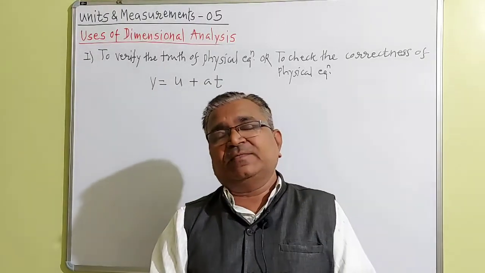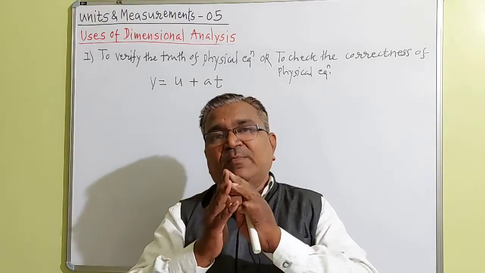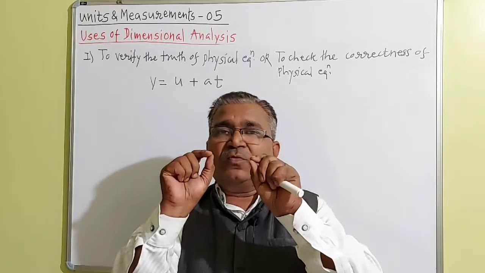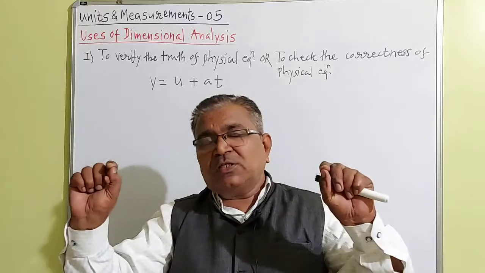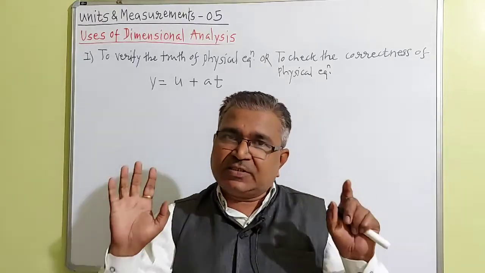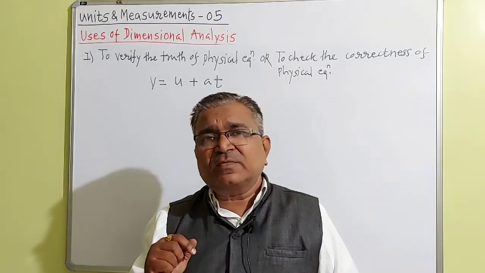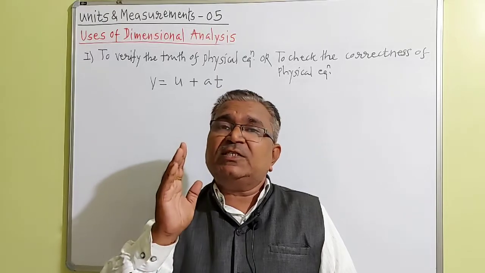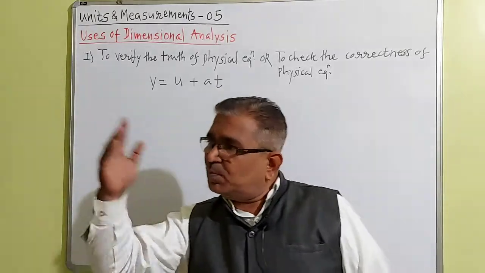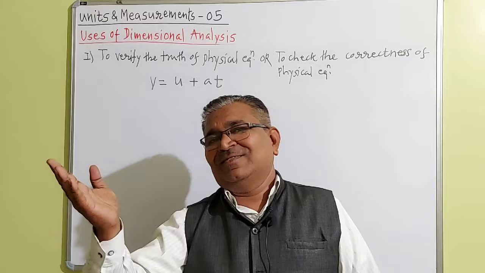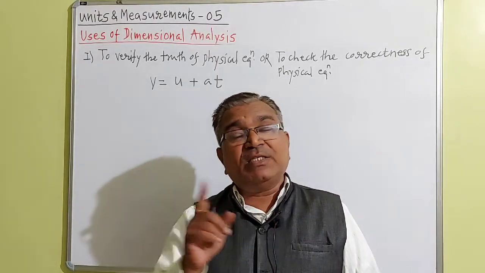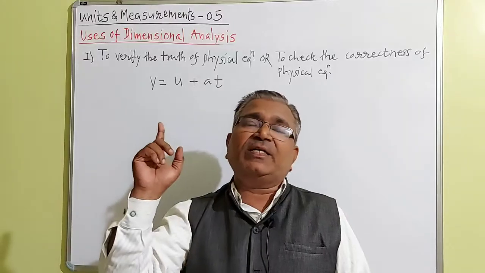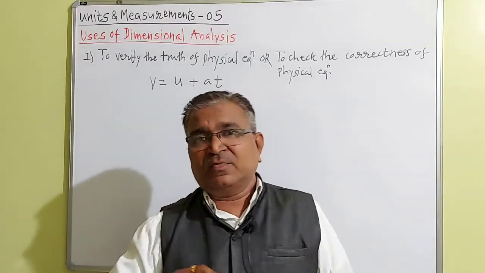For that purpose, calculate the dimensions of all terms on both sides of the equation. That means if the dimensions of all terms on the LHS side as well as on the RHS side are equal, then the given equation is dimensionally correct.